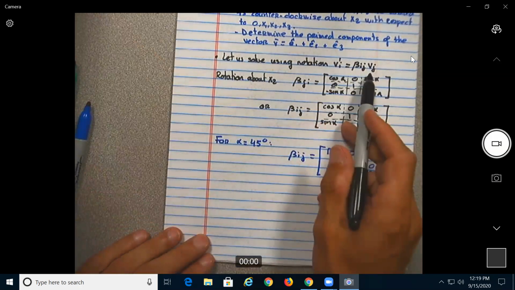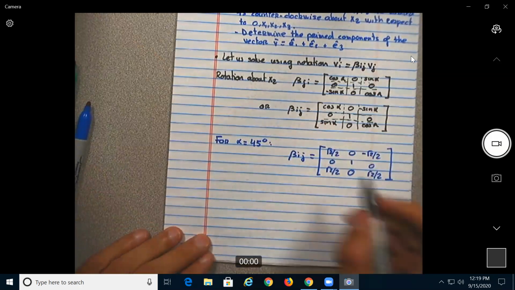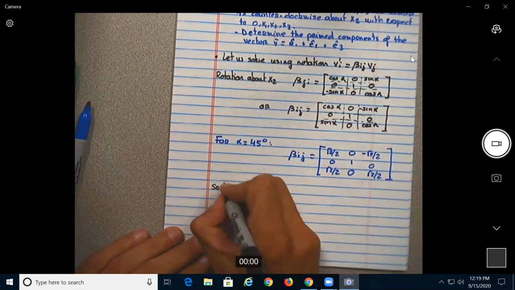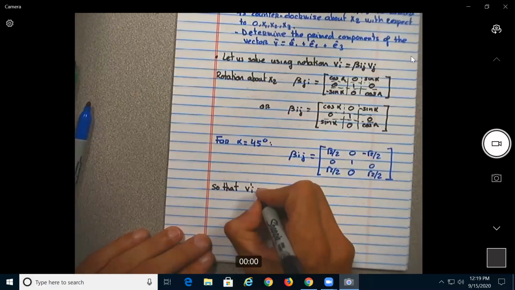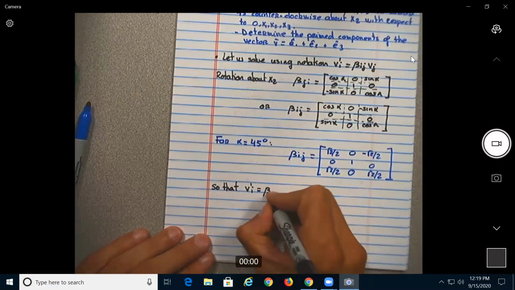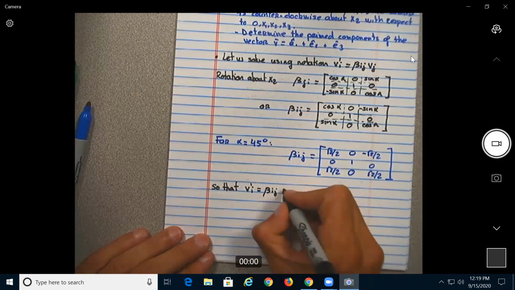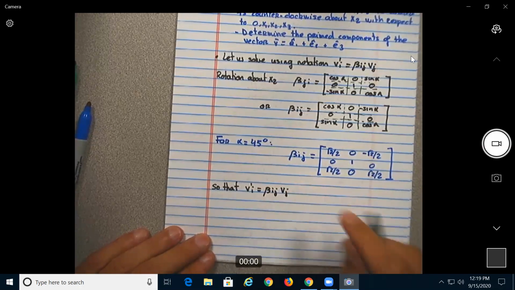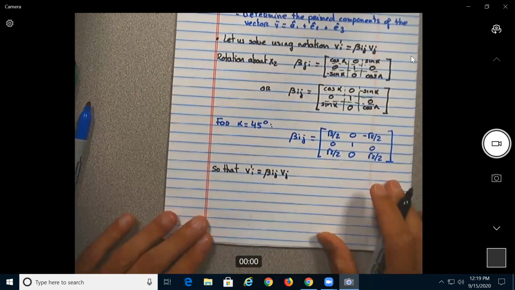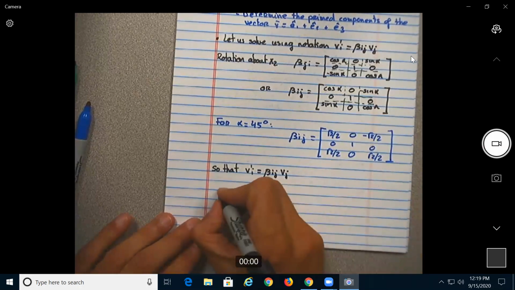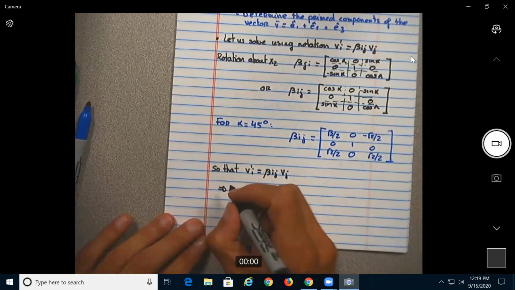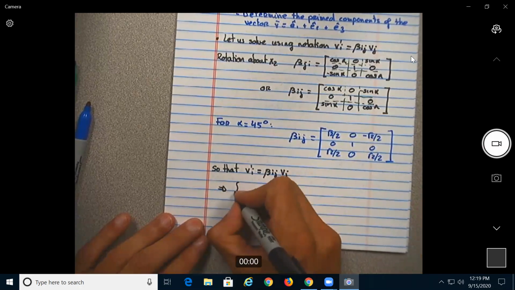Okay, so we have that v prime i equal to beta ij v j will be equal to what? We put in matrix form, we'll have v prime 1, v prime 2, v prime 3.